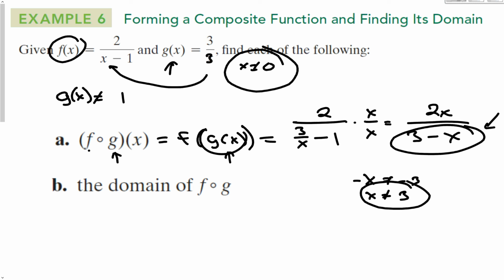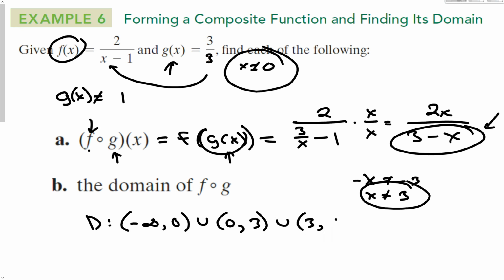Not f of x, not my outside function, okay? So my domain here is all real numbers except for 0 and 3. So the way I say that is from negative infinity to 0, union 0 to 3, union 3 to infinity.